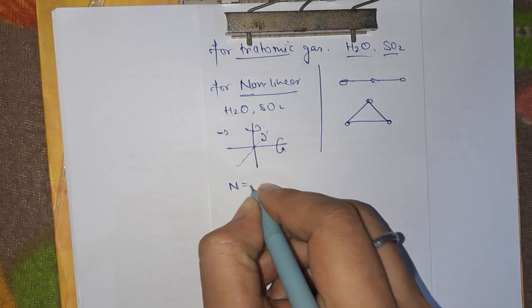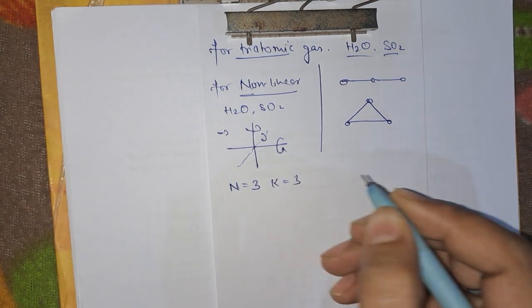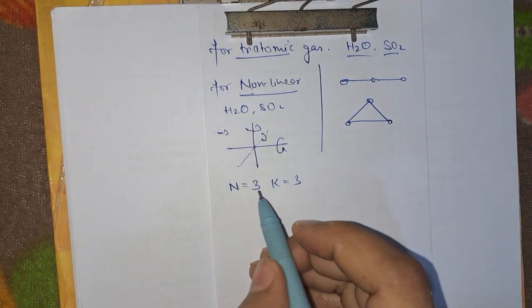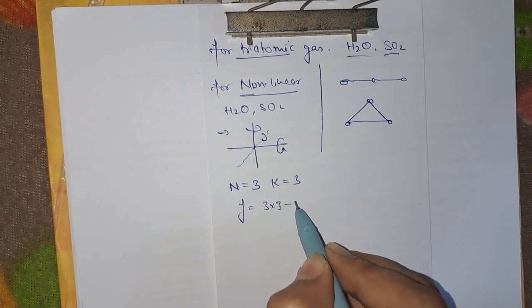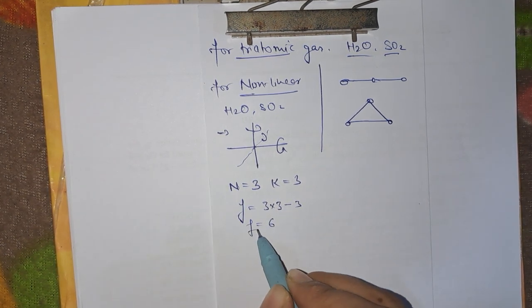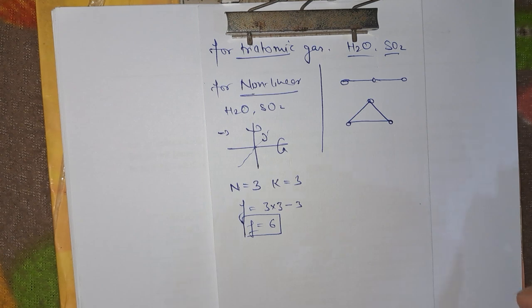So for this n = 3, since the number of particles is 3, and k is also 3. So the overall value is 6. So for this the degree of freedom will be 6.